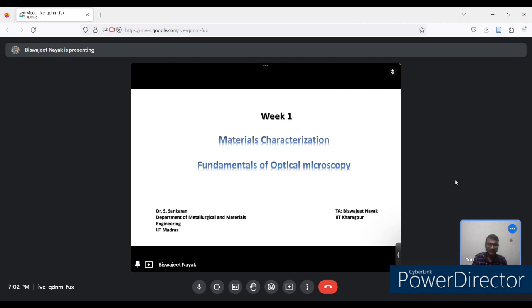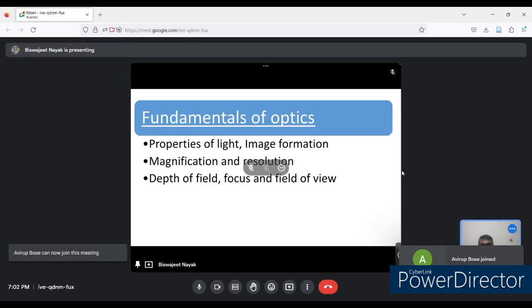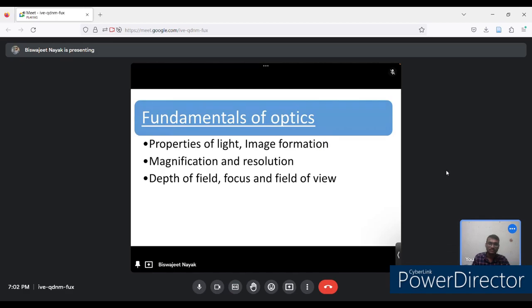In the first week, he gave the fundamentals of optics, covering properties of light, image formation, magnification, resolution, depth of field, and depth of focus.